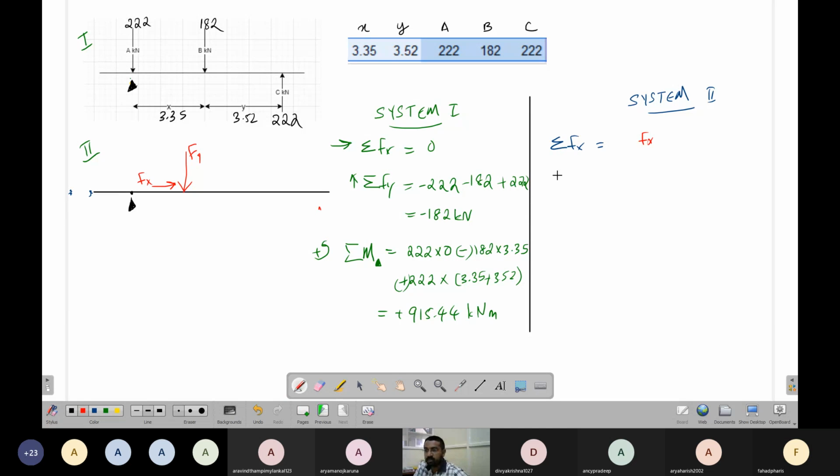Summation of forces in y direction, up is positive, minus F. So I can write this as Fy.